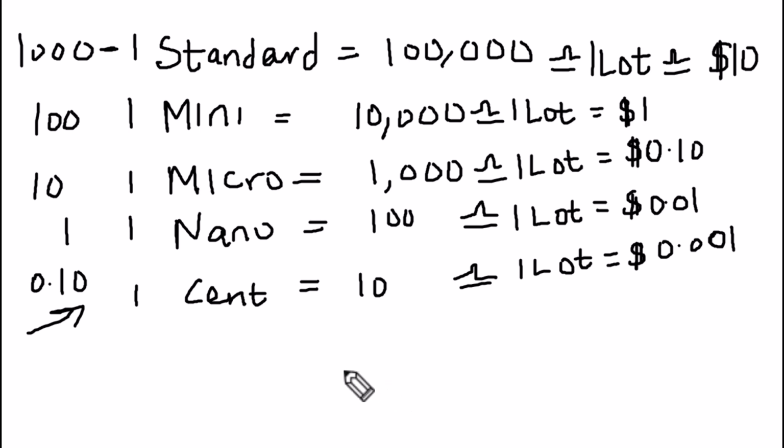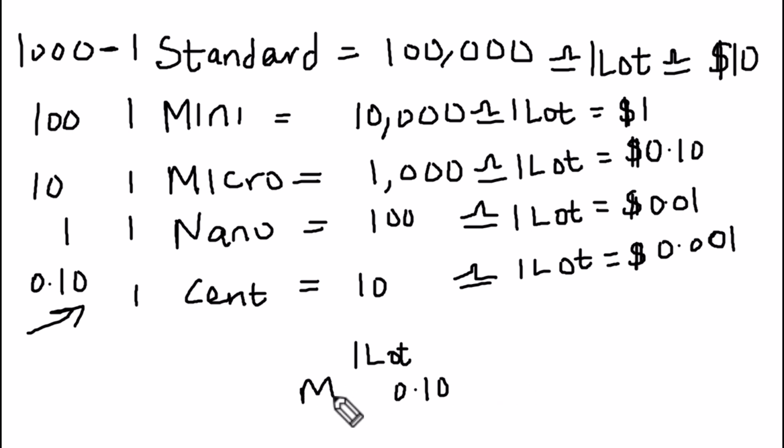On your trading account, if you choose one lot on a standard account, it means on each one pip move, you will be charged $10 minus, or you'll be given $10 plus. And on 0.10 position size, on each one pip move, appreciation or depreciation, that will be positive $1 or negative $1.